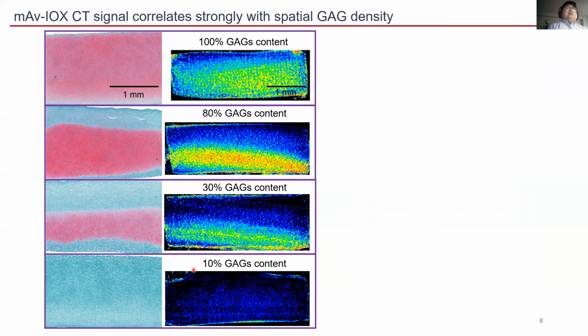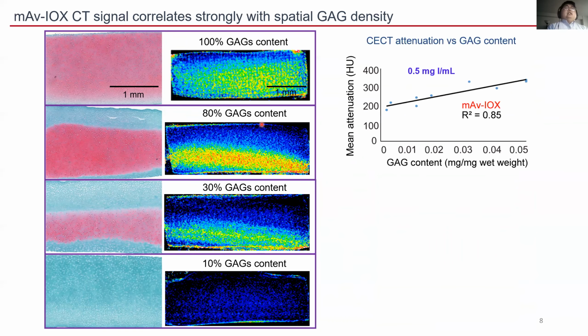The second column shows CT imaging of GAG-depleted cartilage using multi-arm iodine LX. You can see that the CT signals correlate strongly with the spatial distribution of negatively charged GAGs inside the cartilage tissue. This means that we can use this technology for early diagnosis of OA and also for staging different severity of osteoarthritis.